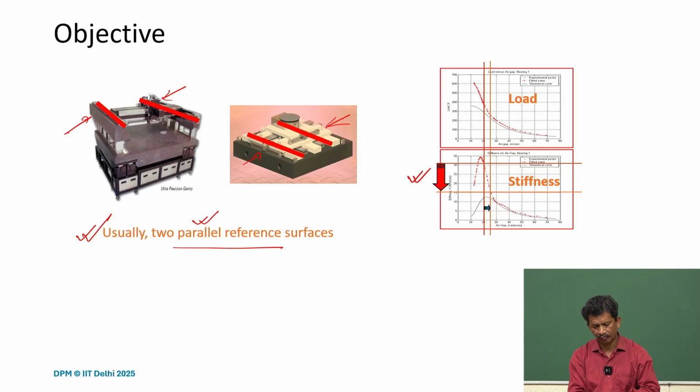With two parallel reference surfaces, what we rely on is the averaging, because it acts from both sides, it's preloaded, and it will come to equilibrium, so the air gap will be the same on both sides. That is the lateral positioning error, and it's possible to achieve that just by using these two principles.